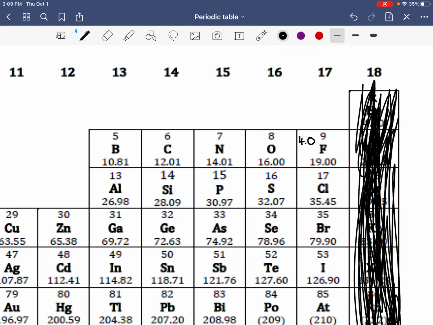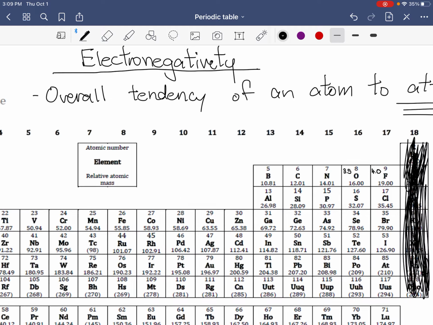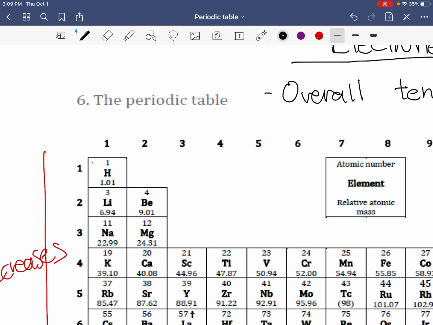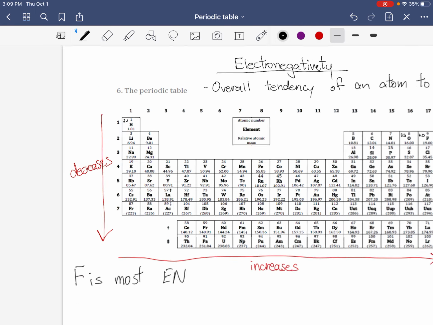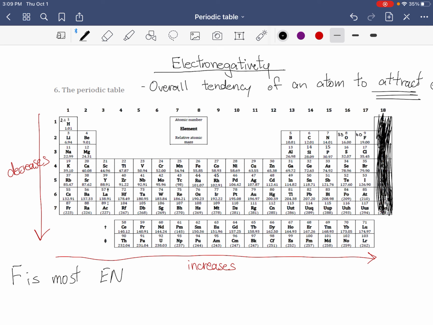Just in case you're wondering, oxygen is 3.5, something like hydrogen is 2.1. So these numbers indicate their tendency of attracting electrons, or just loving their own electrons.